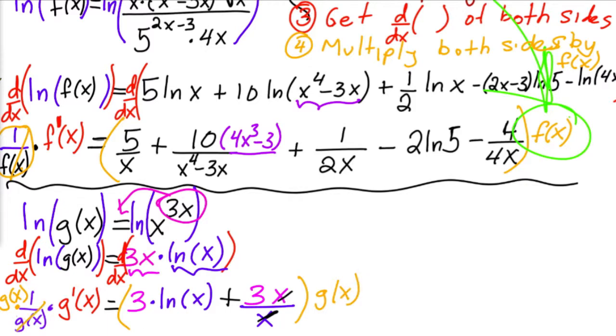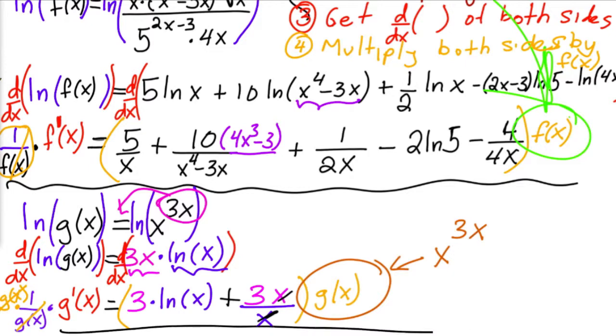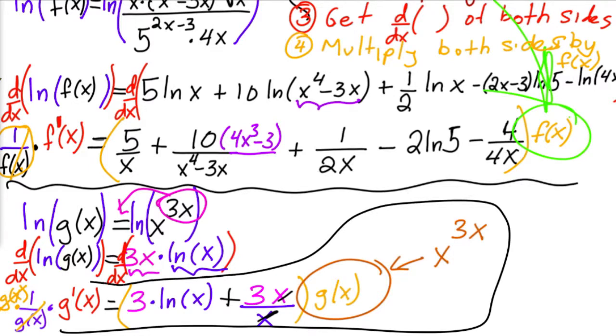And that's it. That's your derivative. So this guy right here, let me just emphasize, this is the original function x raised to the 3x. But that's it. So that's the process of logarithmic differentiation.